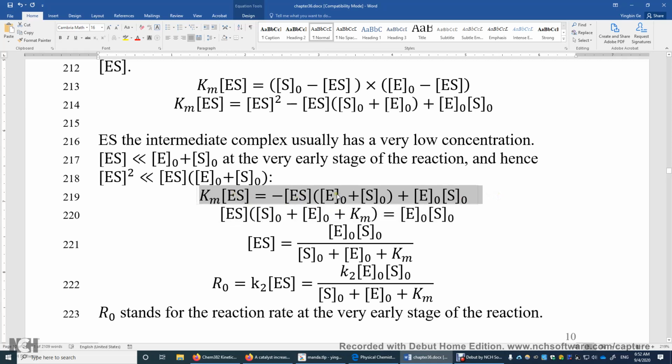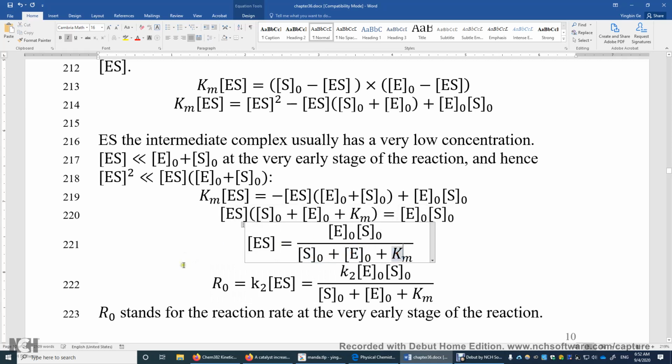We look at all items that contain ES, Km, E0, S0, we put them together and we have this nice equation. ES is thus equal to E0 times S0 over the sum of E0, S0, and Km.